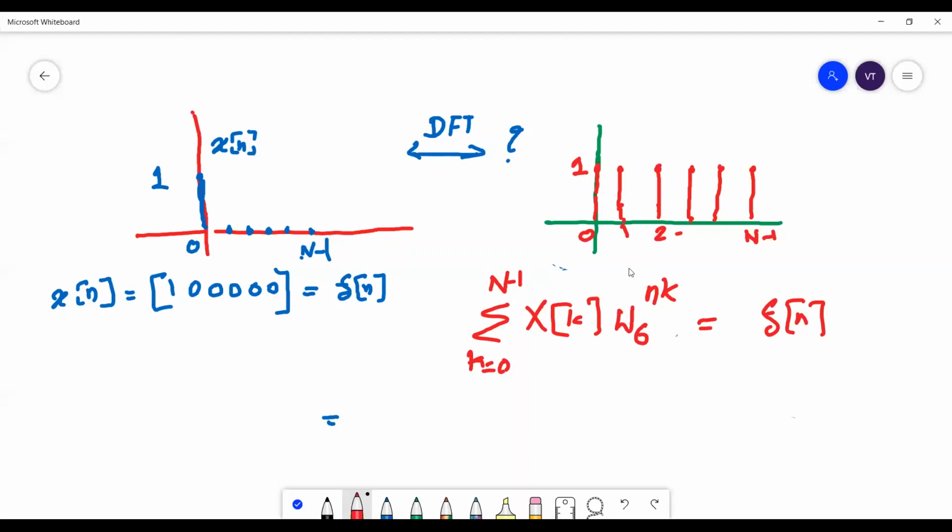This is the implication of this result. So you can also write sigma k equal to 0 to 5 of w6 raised to nk is equal to delta n. Is that understood?